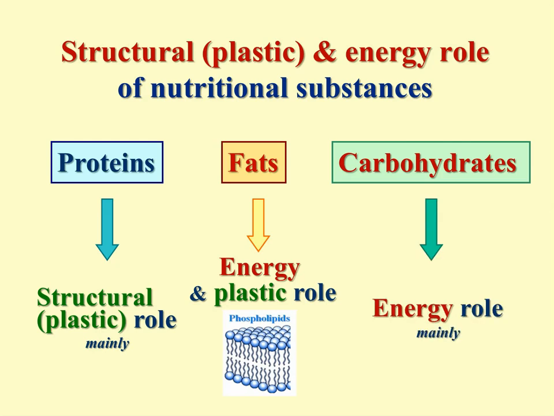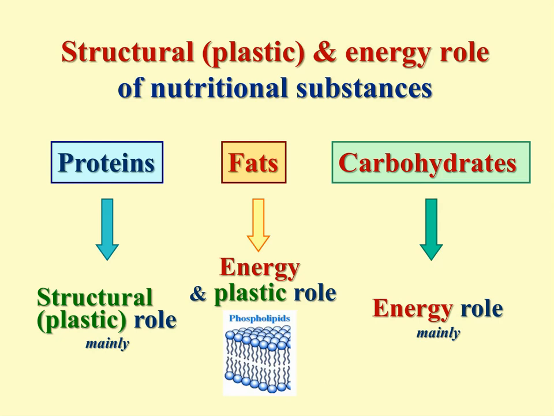Predominantly we oxidate glucose, and many other carbohydrates are converted to glucose or to other simple carbohydrates, and they give us a lot of energy. Of course, it doesn't mean they do not participate at all in the structural function. Yes, they participate, but much less. For example, carbohydrate chains are used for labeling of intracellular proteins for their subsequent sorting and transportation to different parts of the cell.